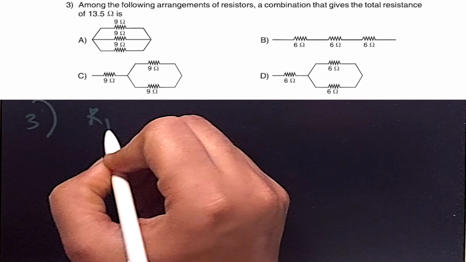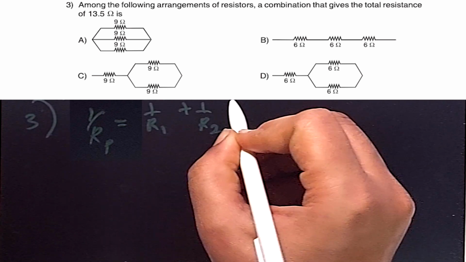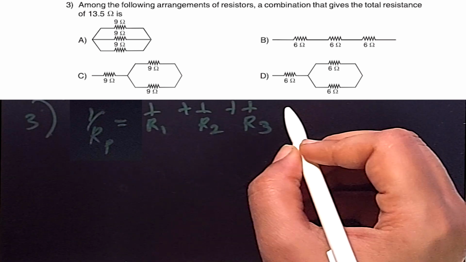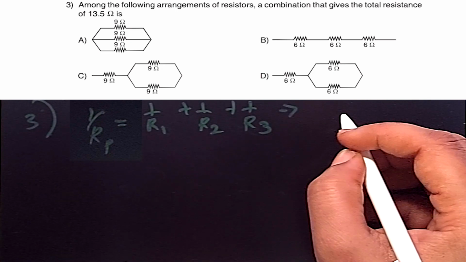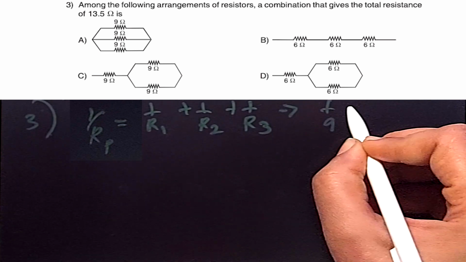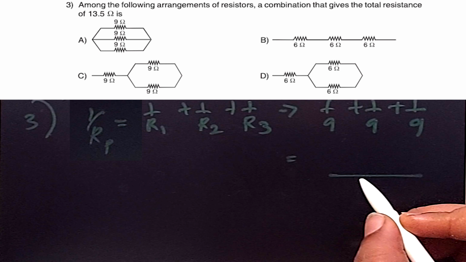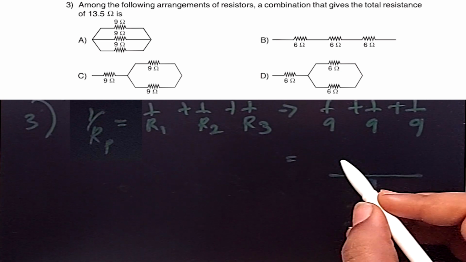Since they are connected in parallel, let us check by putting the formula of equivalent resistance when resistors are connected in parallel. This is the formula. So in place of R1, R2, R3, we are supposed to substitute 9. Since the denominator is the same, no need of taking LCM. The denominator will be 9.